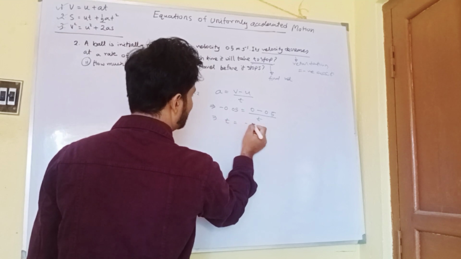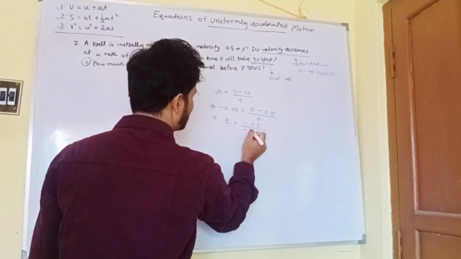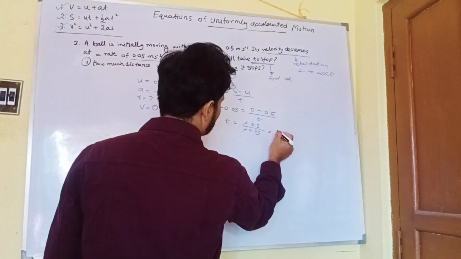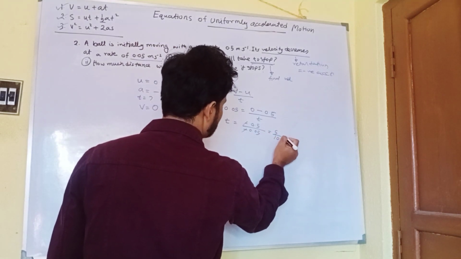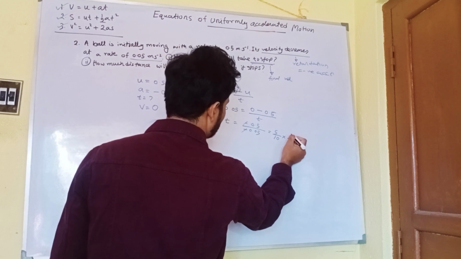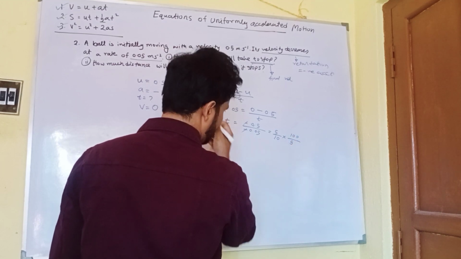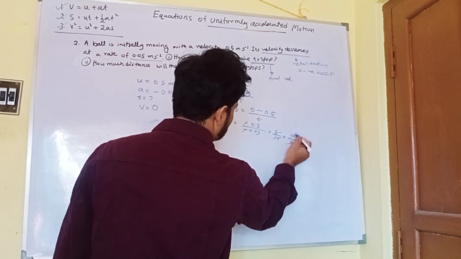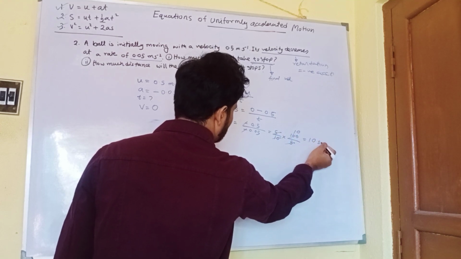So t is equal to minus 0.5 by minus 0.05, minus cancels out. So 5 by 10 and 5 into 100. So 5 cancels out 10. So 10 seconds.